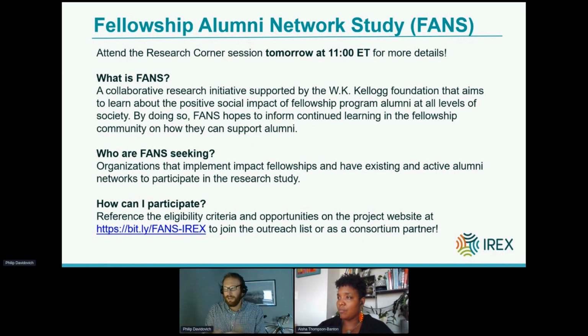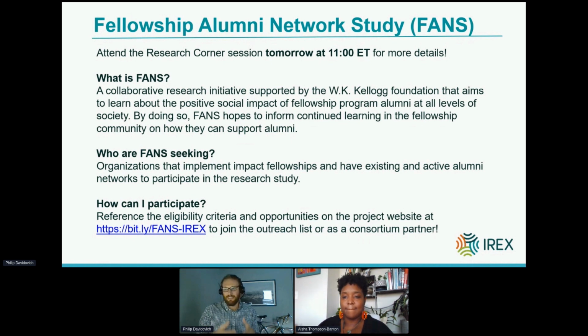And so this project, FANS, which is funded by the W.K. Kellogg Foundation, which is also a sponsor of IFS, is intended to build that community of practice, or that collaboration and learning series. The FANS project is a collaborative research initiative that aims to learn about the positive social impact of fellowship program alumni at all levels of society.